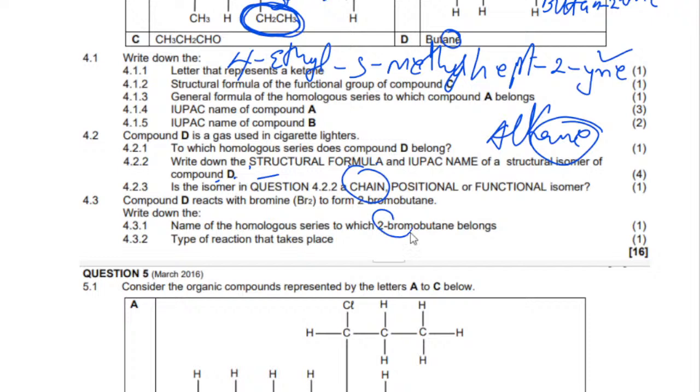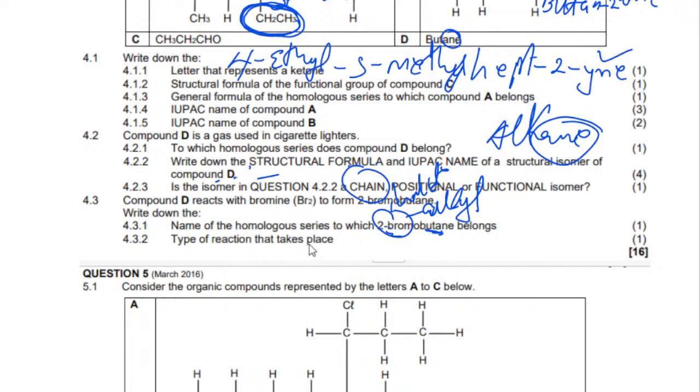The moment it is bromo, that is an alkyl. No, not alkyl. It's a halide. Butane is an alkyl, and then bromo is a halide. It's a group 7 element. So it can be alkyl halide, or haloalkanes, because this is an alkane and this is a halogen. Any of what you give, they will give you a mark in that regard.